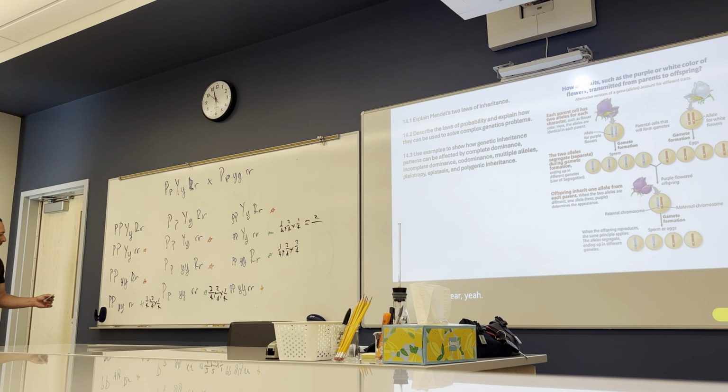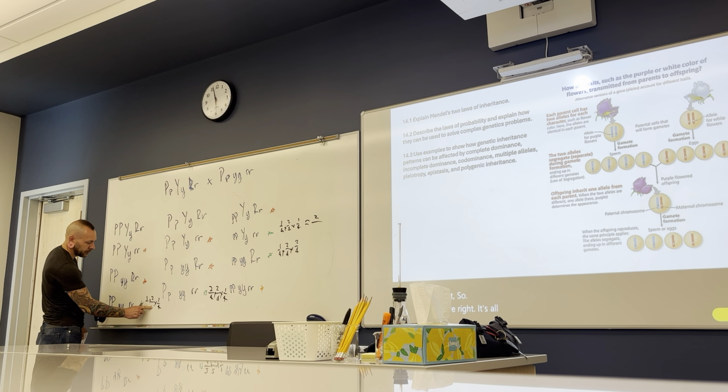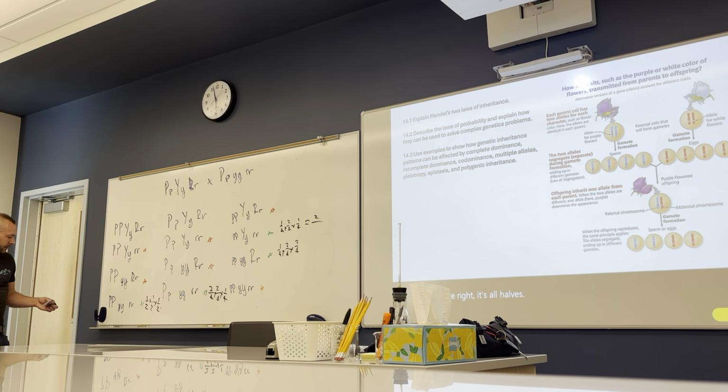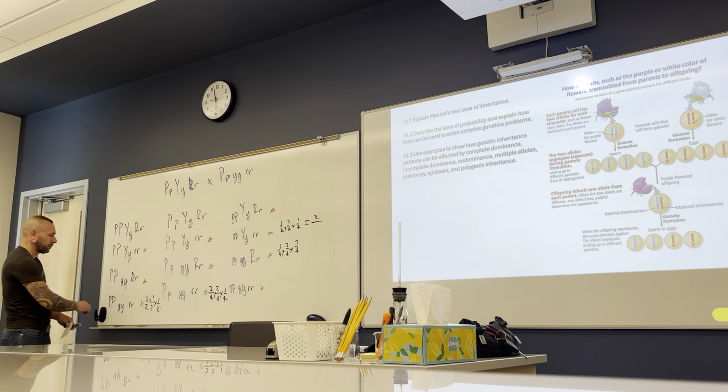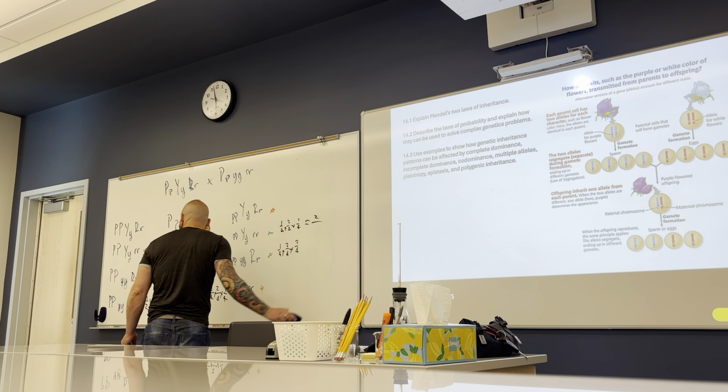You're right. P, Y, Y, R, R, yeah, you're right. It's all halves. So all the R's should be... No, you have to first. It will be 1 out of 4. So the Y's and the R's should be the same.